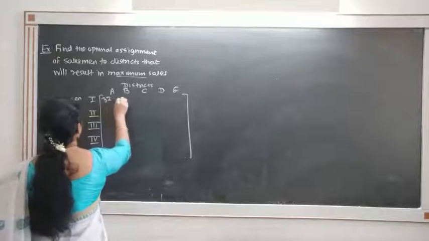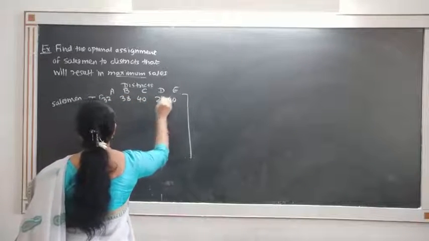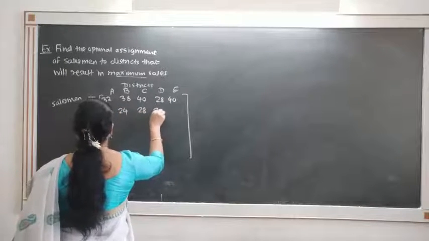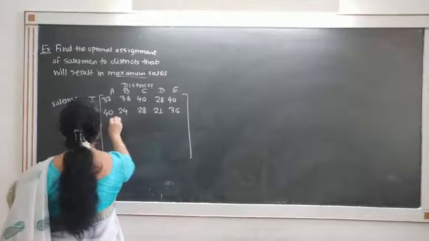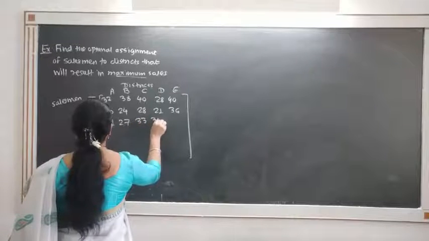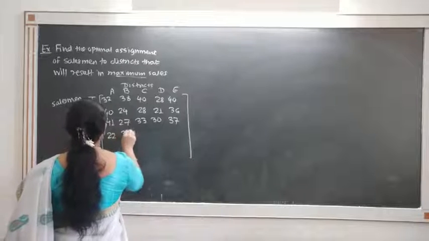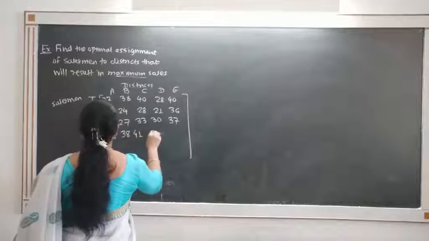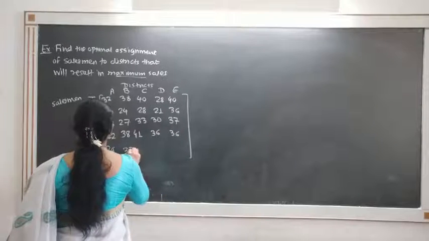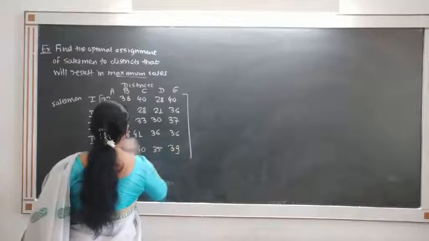The table is given: 32, 38, 40, 28, 40, 40, 24, 28, 21, 36, 41, 27, 33, 30, 37, 22, 38, 41, 36, 36 and 29, 33, 40, 35 and 39.